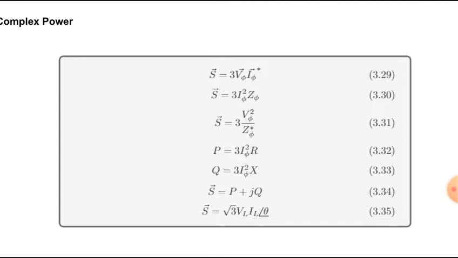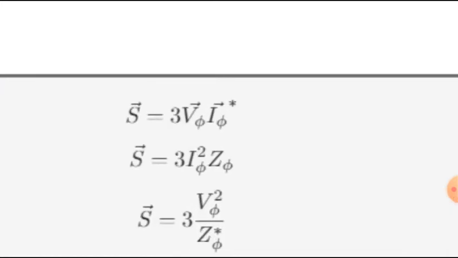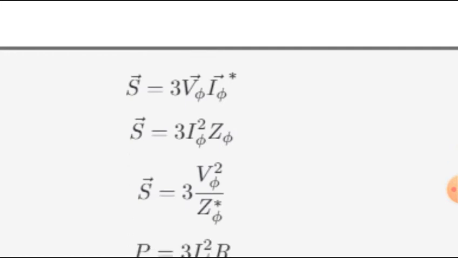But take note here of the formula: there's a vector line at the top of V and I. It means these are the vector values. They're complex numbers, not the magnitudes. There's an asterisk, which means the phase current should be the conjugate of the actual current.